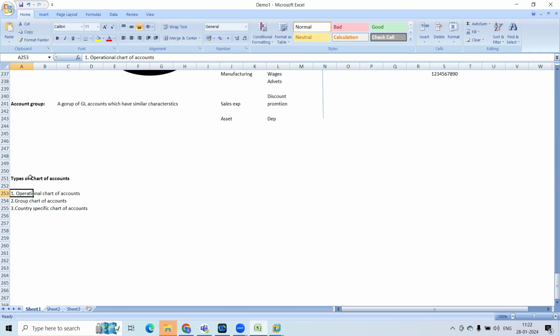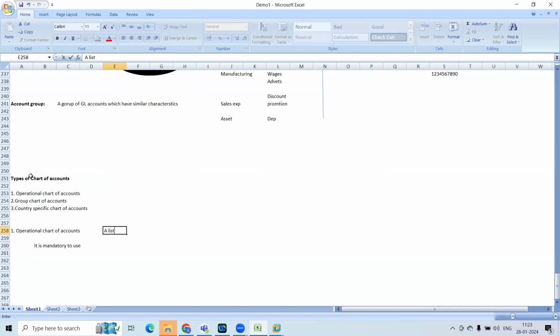Okay. Operational chart of accounts. First of all, it is mandatory to use in our SAP. So what is the chart of accounts?